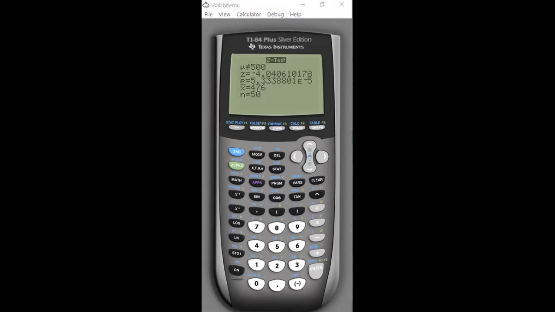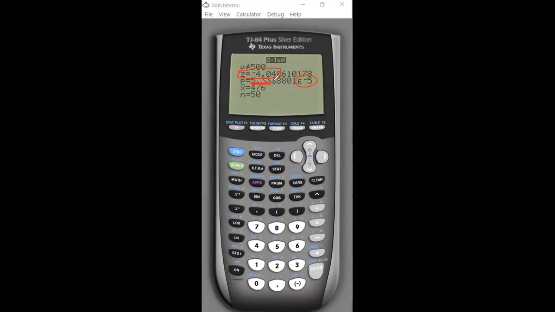You will see the Z statistic, exactly like what we calculated. And now the p-value here is 5.33 e to the negative 5. What does that mean?